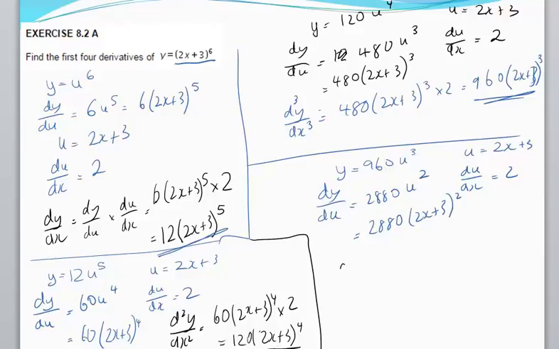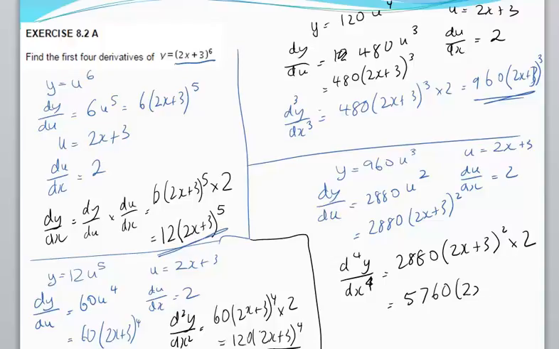So now d to the power of 4 y on dx to the 4 should be 2880 times 2x plus 3 squared multiplied by 2, which should give me 5760 times 2x plus 3 squared.